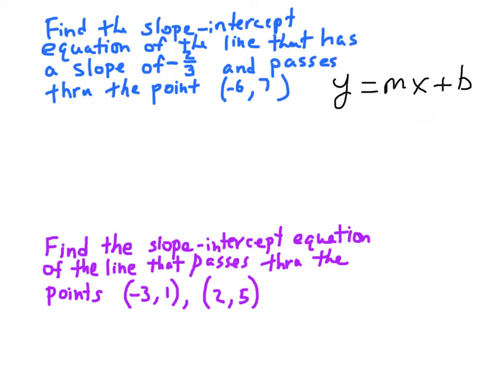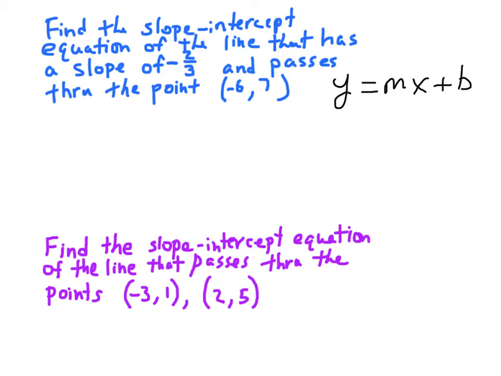I've got my slope, and then I'll find out what my y-intercept is, and then I can write the equation in slope-intercept form. So I'm going to substitute the 7 for the y, the negative 6 for the x, and then the negative 2/3 for the m, and then I'll be able to solve for b and then rewrite the equation.